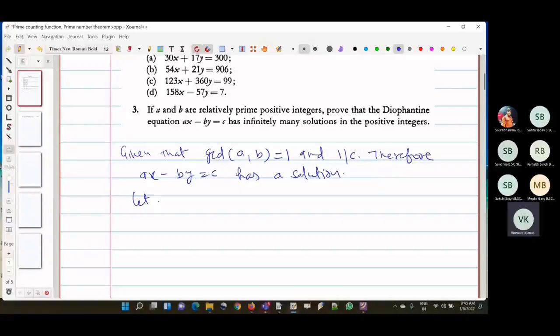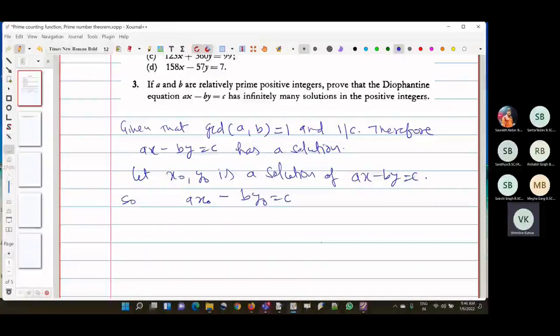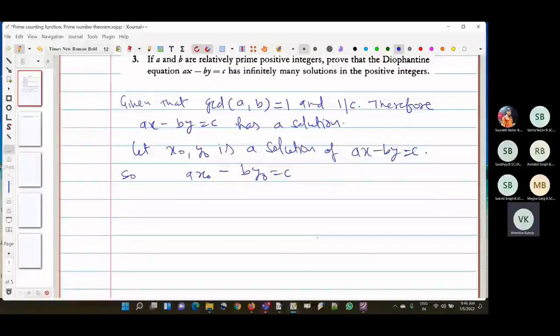Let us assume that X naught, Y naught is a solution of AX minus BY equals C. So A X naught minus B Y naught equals C, because X naught, Y naught is a solution, so they must satisfy the equation AX minus BY equals C.